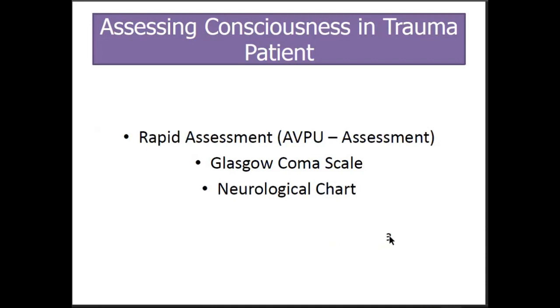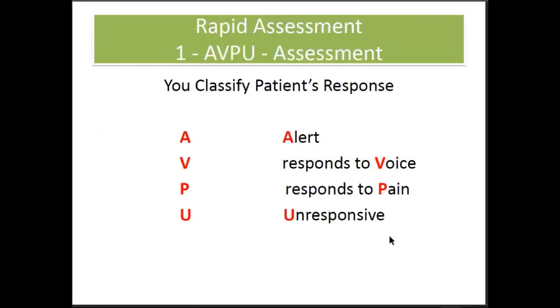We can rapidly assess the patient with the AVPU assessment, the Glasgow Coma Scale, which is very commonly used, and a neurological chart. So what is AVPU? AVPU is a scale. If the patient is alert, then he takes A. If the patient is just responding to voice, then he takes V, and P is responds to pain, or totally unresponsive.